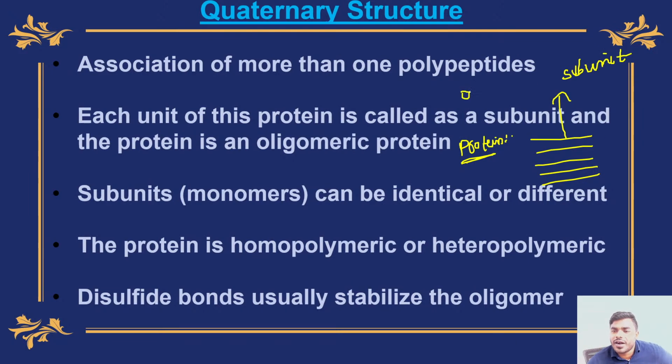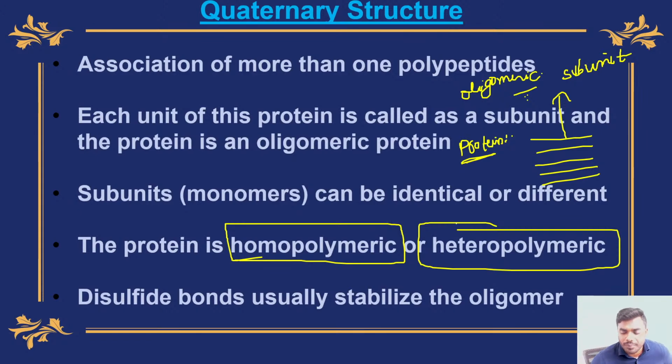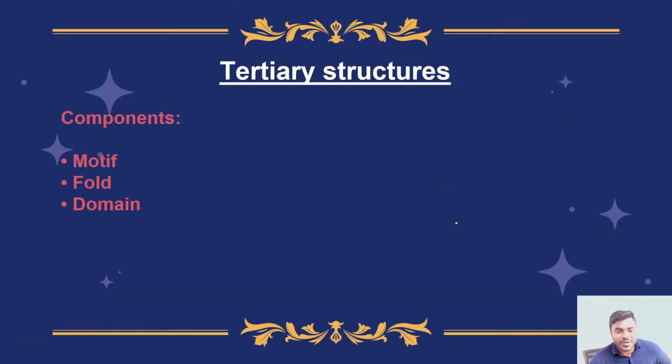That's why we can call it an oligomeric protein. If all these subunits are of the same type, then we can call that protein a homopolymeric protein. If all the subunits are of different combinations, then we can call it, friends, a heteropolymeric protein.